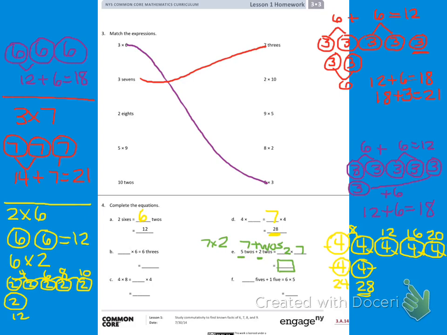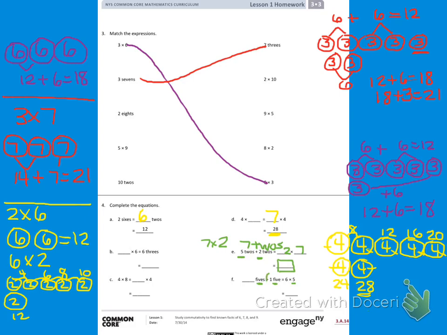And the last one, item F. Blank 5s plus 1 5 is the same thing as 6 times 5. Well, on item F, since they already have the word 5s here, I'll underline 5 over there.